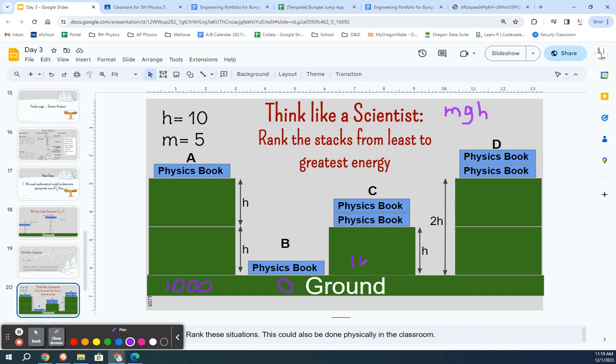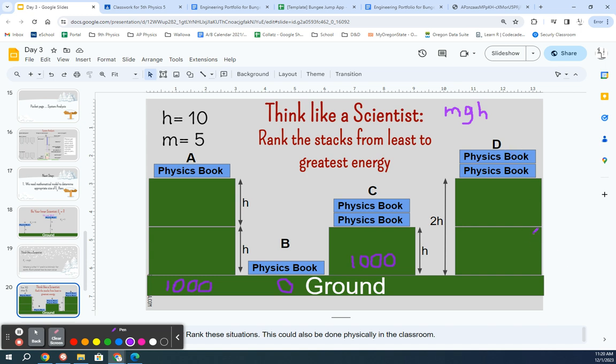So if your intuition was that these are about the same because one has twice the mass and one has twice the height, and therefore they should be the same, then good, perfect. If it helps you to do the math, if it helps you to just calculate stuff out, nothing wrong with that either. All right, let's take a look at D.